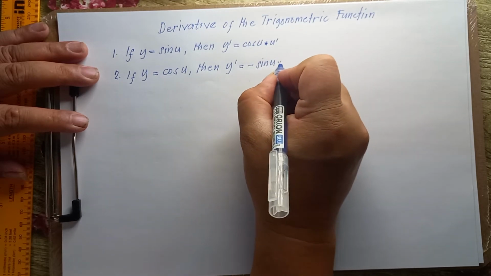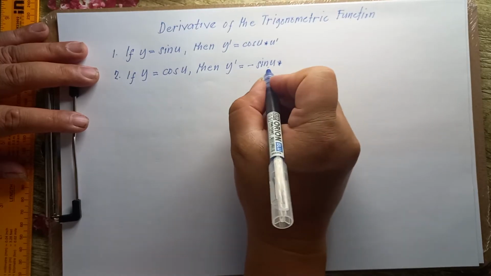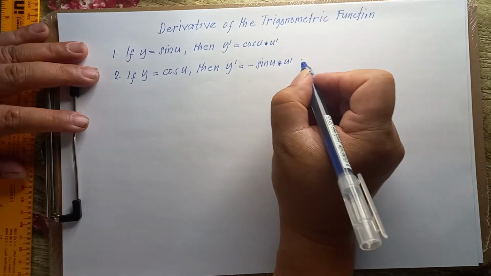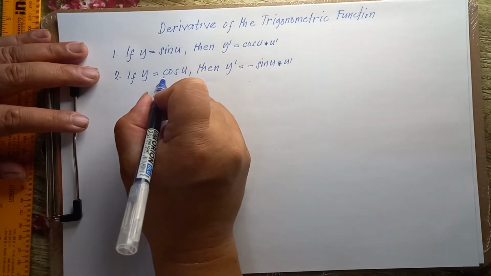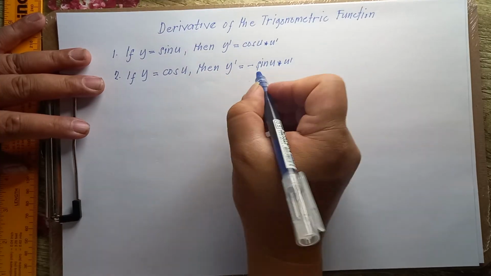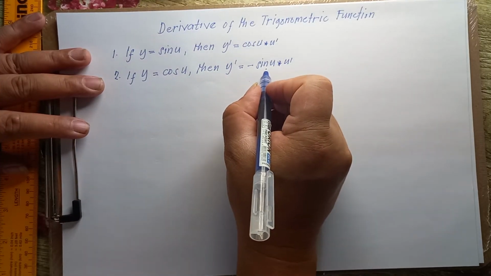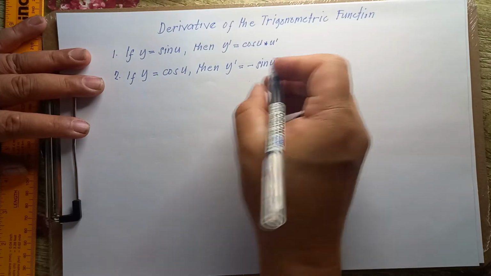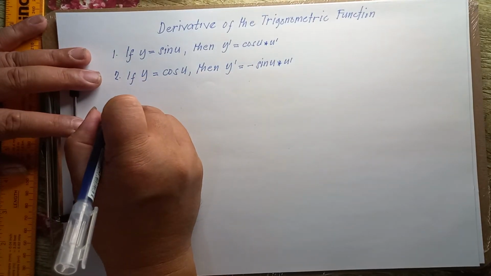Now again, multiplied by what? The derivative of the u. What is the derivative? u prime. So again, when you get the derivative of cosine, the derivative is always negative sine. Okay? And of course, our multiplier is always u prime.